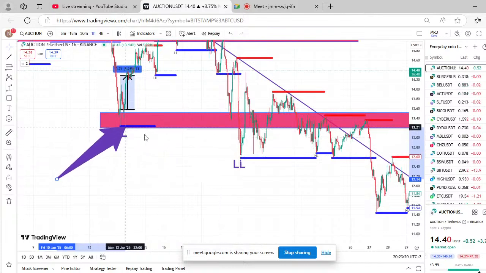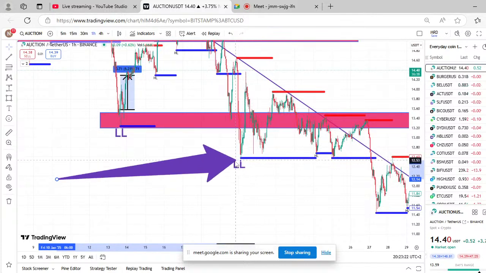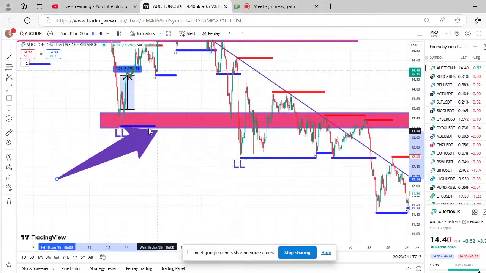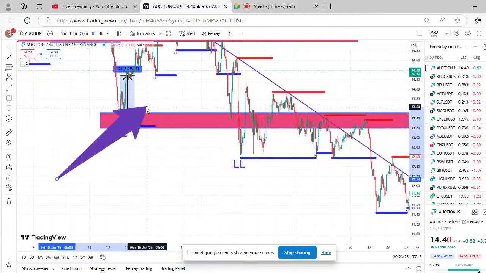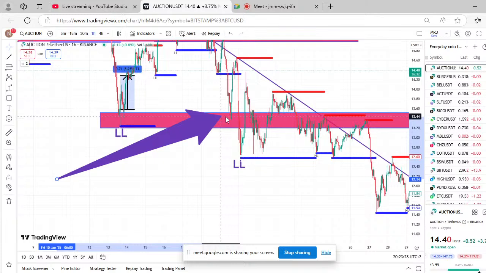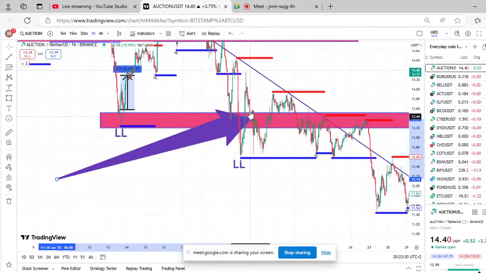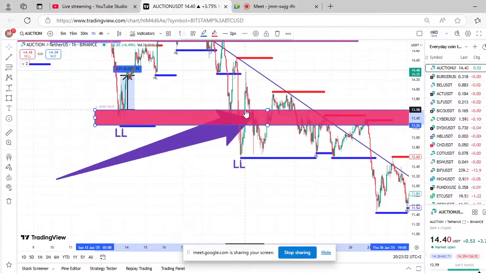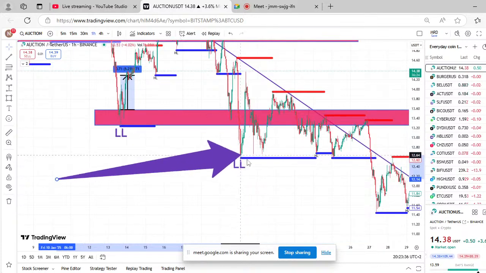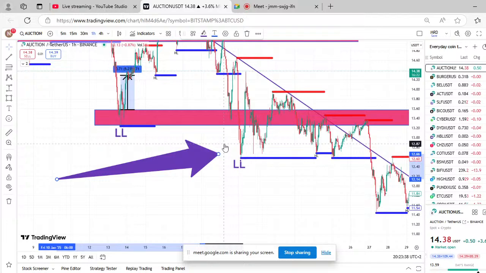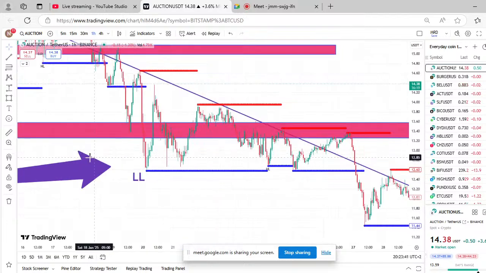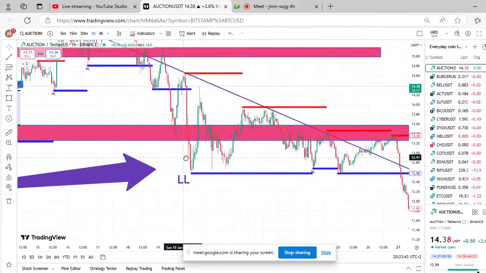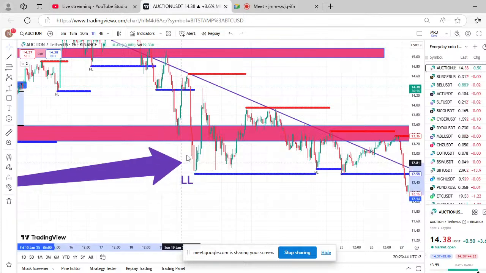This is lower low, and this is another new lower low automatically after breaking the previous line, which is this one. Whenever we break it, automatically we are forming a new lower low, which was formed at this point. I told you, just wait. 1 2 1 2, confirm the entry. 1 2 green candles. 1 2, you are done.